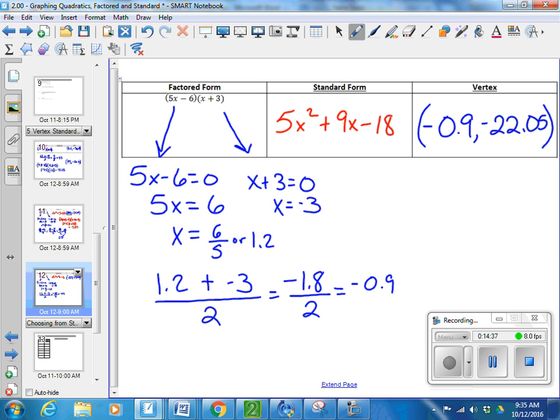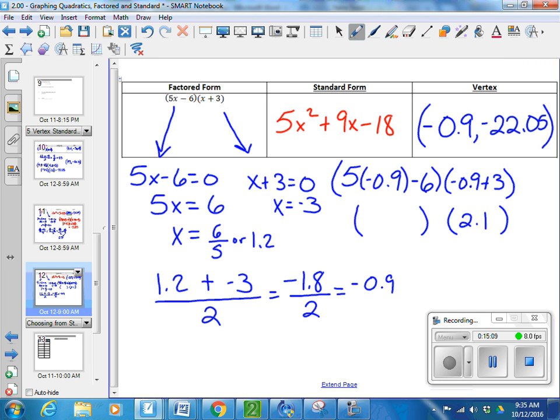So again, things are already looking to match. The final step, we just plug that negative 0.9 in. So that'll be 5 times negative 0.9 minus 6 times negative 0.9 plus 3. That means this will equal 2.1. We go to this one.